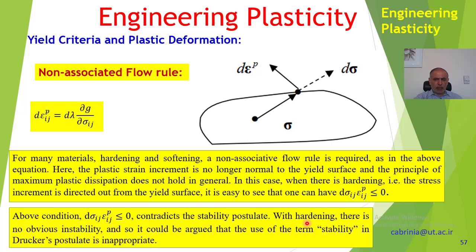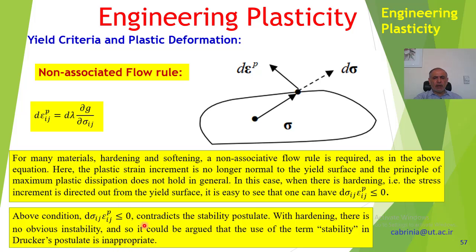With softening, this could be negative, but with hardening, this must be positive. But here it says it's not positive. So there is no obvious instability. But clearly here, because we have hardening, we don't have any instability. So how come this is negative? And so it could be argued that the use of the term stability in Drucker's postulate is inappropriate.